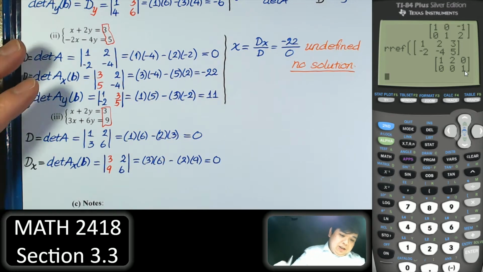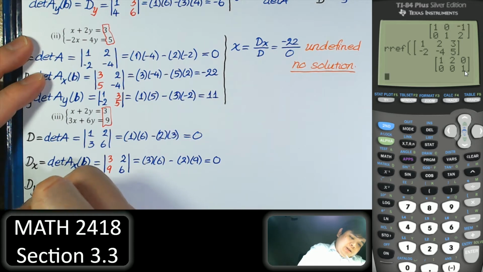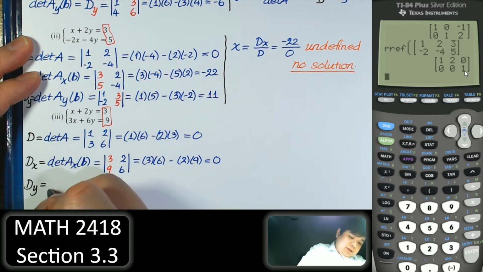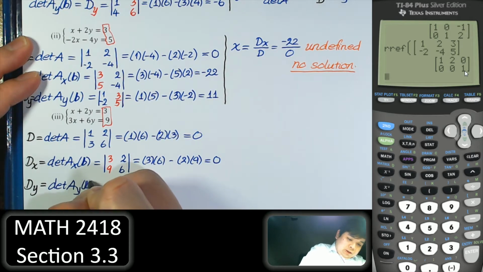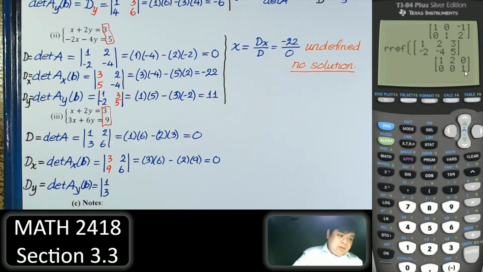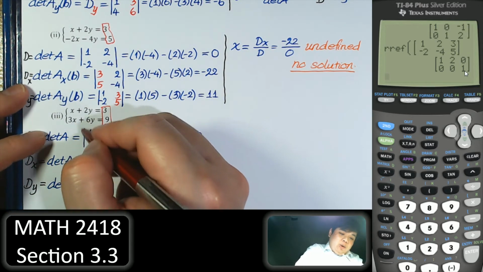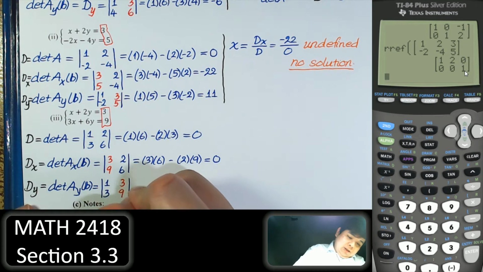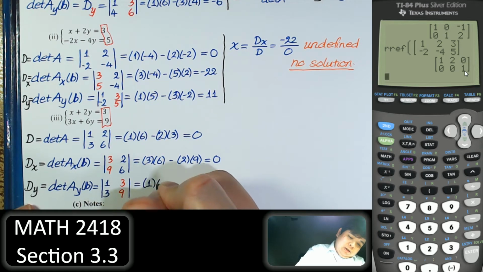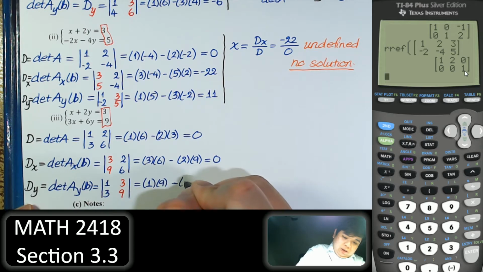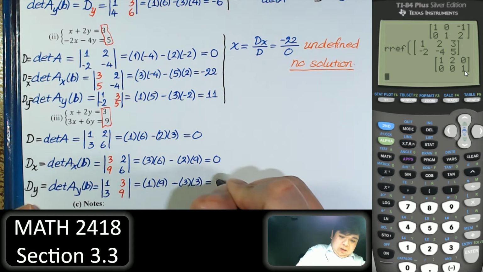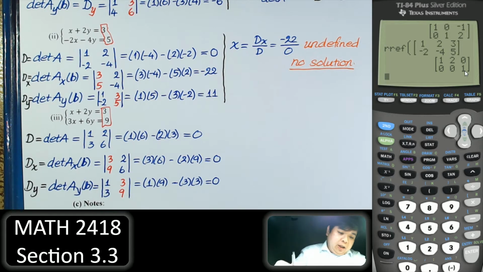Now replace 3 and 9, the last column, into the coefficient of y. Now, so does it do better?